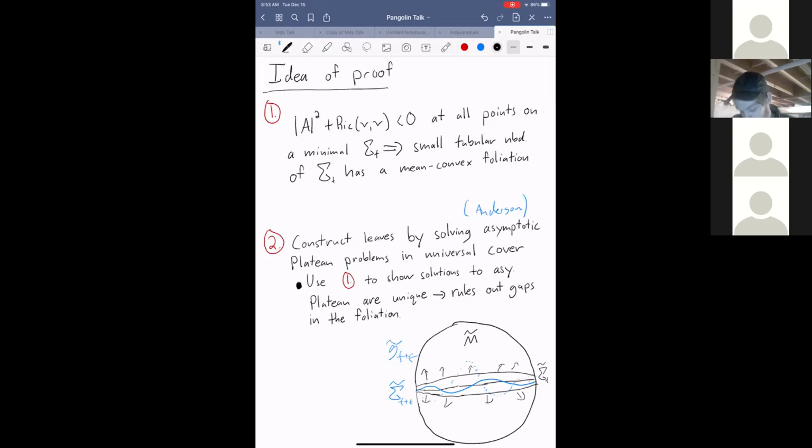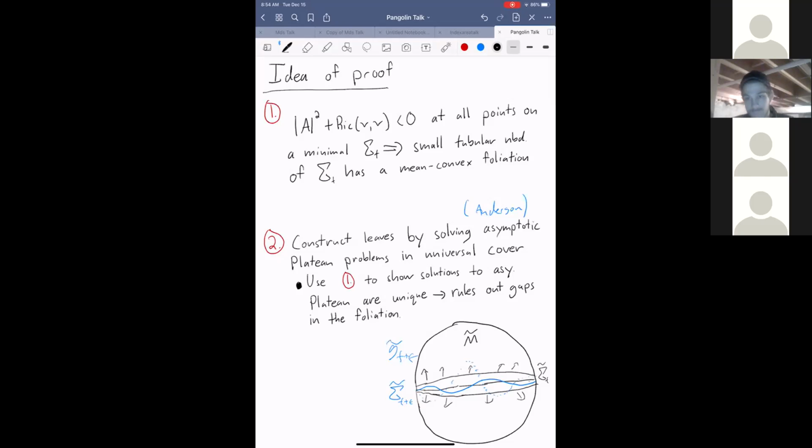So in order for the surfaces that we construct to vary continuously in the sigma sub t tilde, really the condition that we want is uniqueness for the relevant asymptotic plateau problem here. So yeah, that's a really brief sketch of.